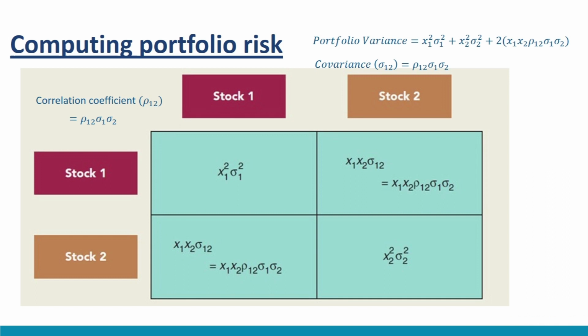This covariance is expressed as the product of the correlation coefficient, that is ρ12, and the two standard deviations, that is covariance sigma 12 equals ρ12 into sigma 1 into sigma 2.